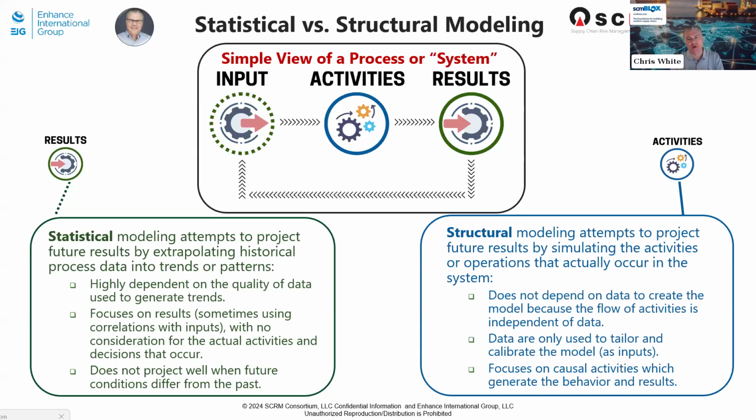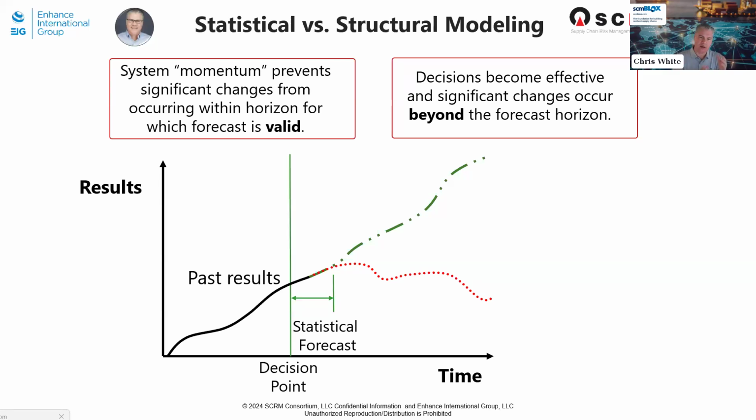And so when we look at how these two play out over time, what you see is, as you forecast, moving left to right, this is the time and some fictitious results. I've got past results, and here I am making a decision. You see the decision point. And I'm making a statistical forecast.